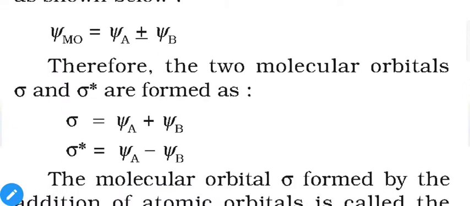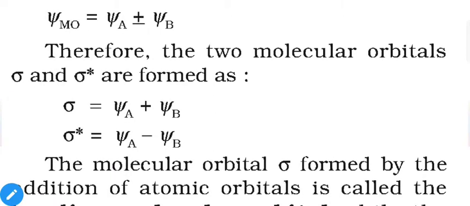So psi MO, where MO represents molecular orbital, is psi A plus or minus psi B. That means either addition or subtraction. With addition and with subtraction, you will get different types of molecular orbitals. Therefore, the two molecular orbitals sigma and sigma star are formed: sigma is the product of summation of both of them, and sigma star is the product of subtraction of psi A and psi B.